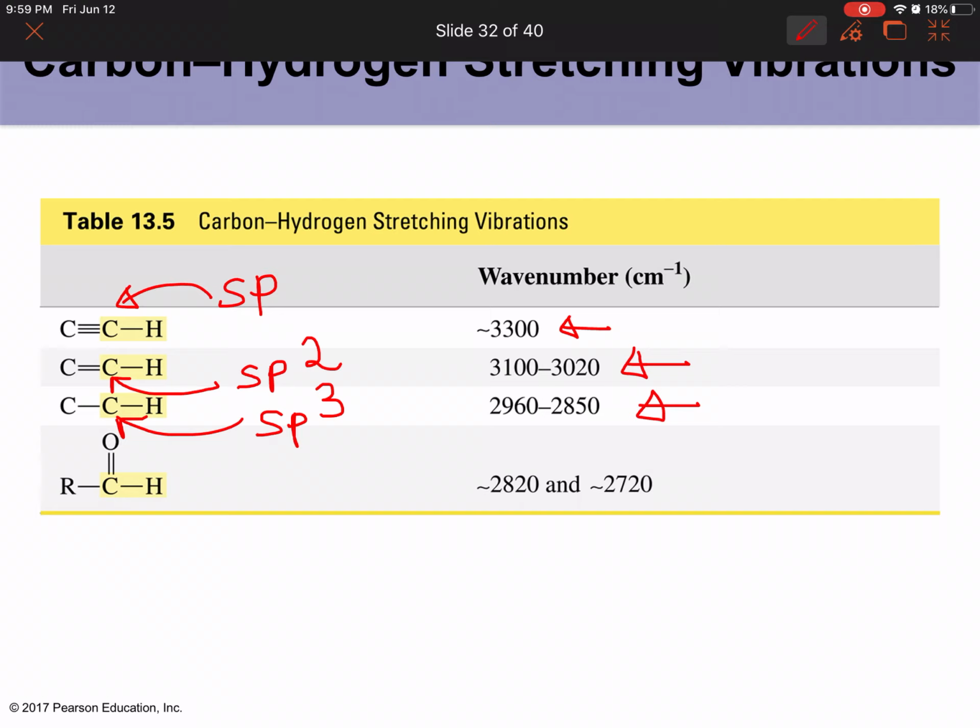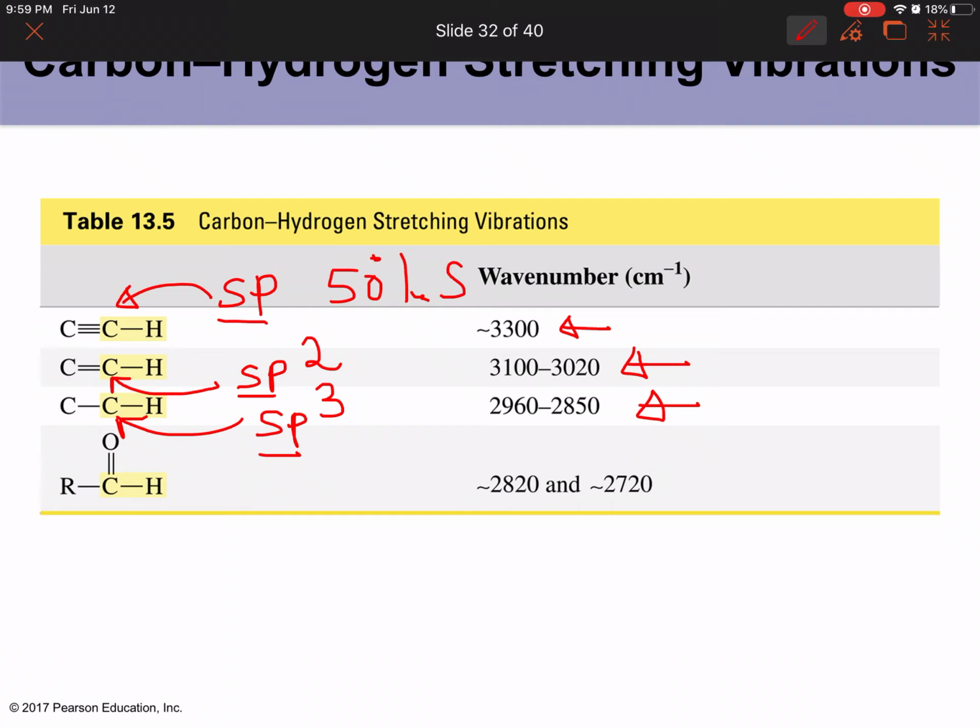So which one do you think is a strong bond? It is the sp carbon and the hydrogen, the first one. Why is that a strong bond? Remember, we can look at how much s character is in each carbon. In an sp carbon, what is the percentage of s? It has 50-50, because one s and one p, so there is 50% s character.